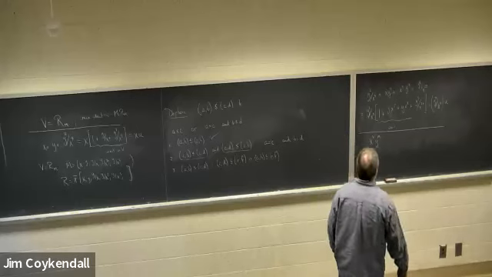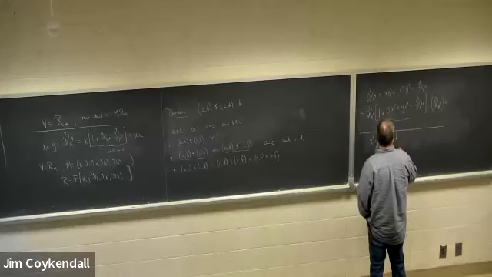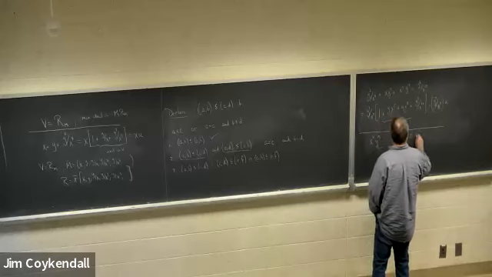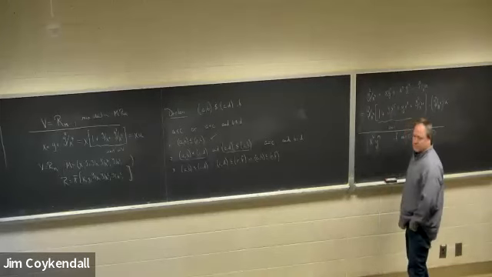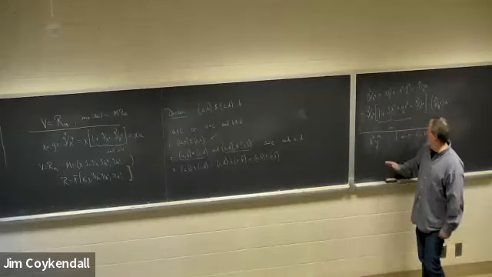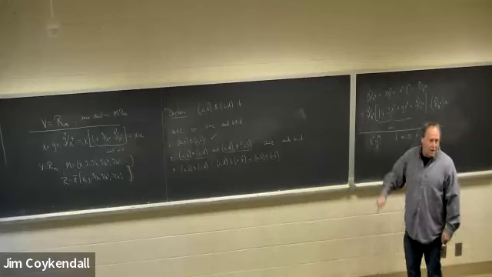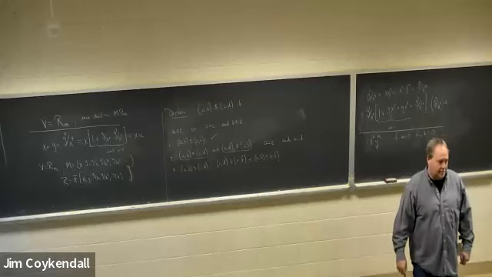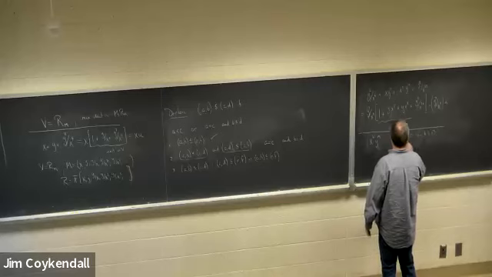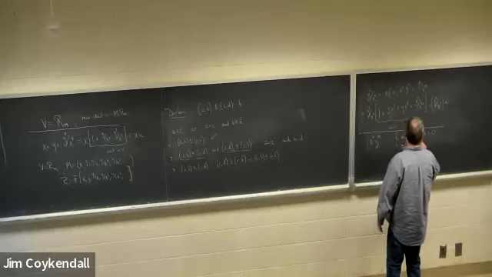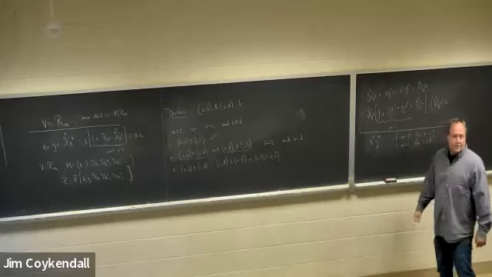Well, not necessarily, because if m is 0, then k is greater than or equal to 0. Right? Because if m is 0, I can't have negative powers of x. But if m is greater than or equal to 1, then there's no restriction on k.